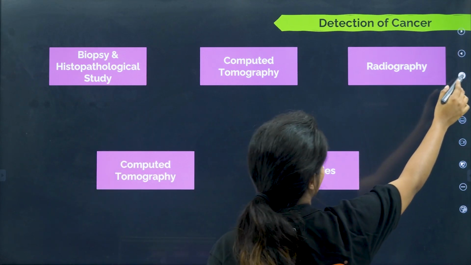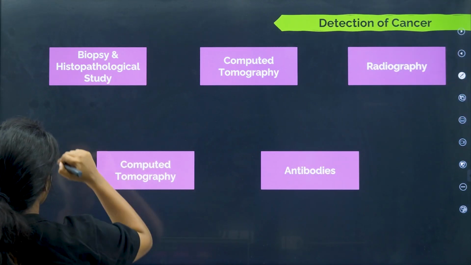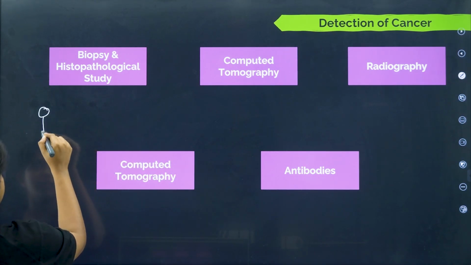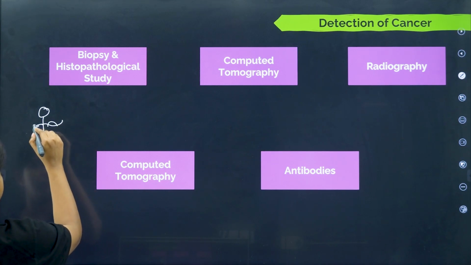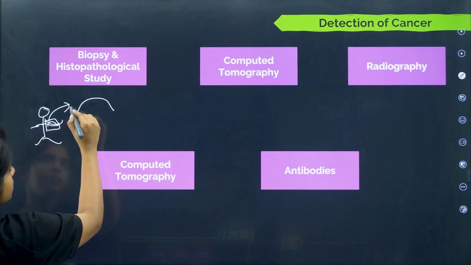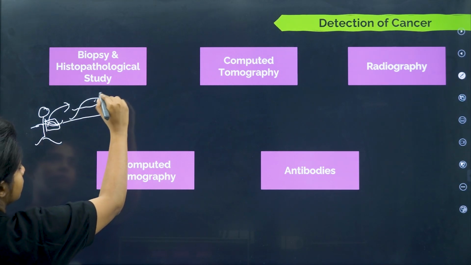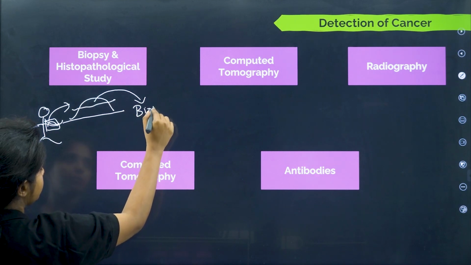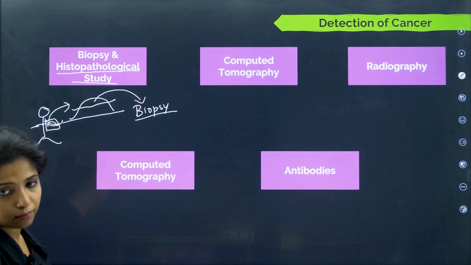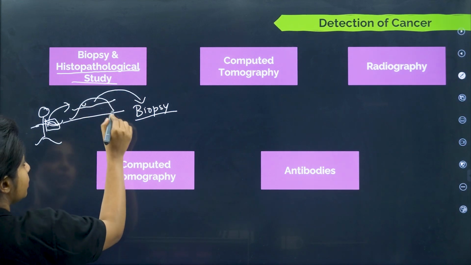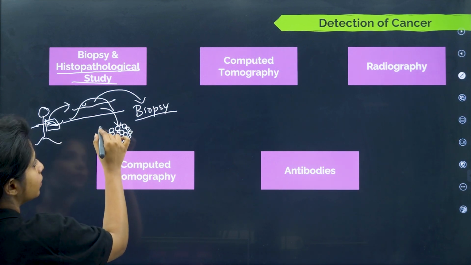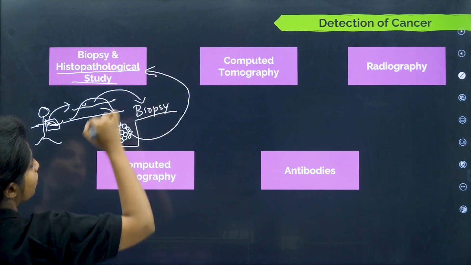What do you mean by biopsy? That is the first question that we have. Biopsy is when, for example, some person has cancer and they have a lump. Some part of this lump is taken. This is known as biopsy. Now, when these cells are being examined and studied, you call it a histopathological study.